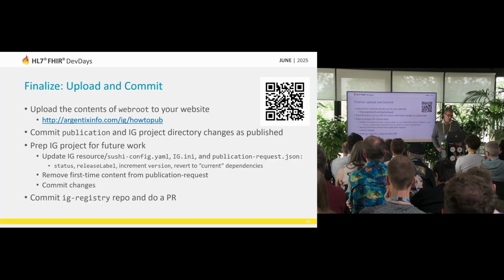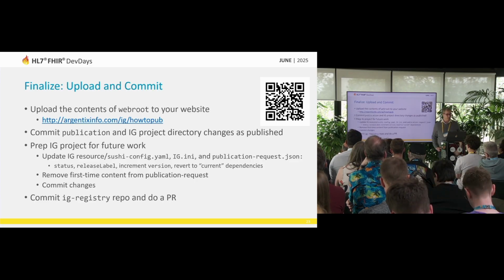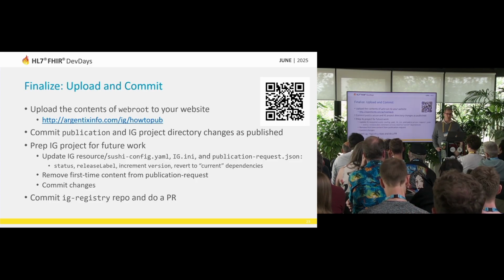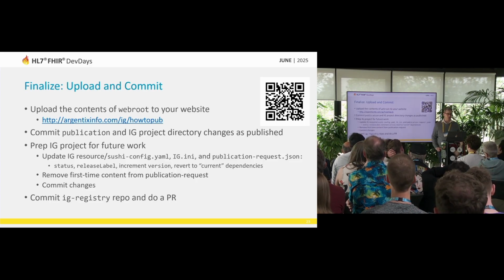Right, okay. Now, it's time to upload the contents of your webroot directory to your website. You'll also want to commit the changes to your publication directory and to your IG project to reflect the as-published versions, just in case you ever need to go back to that state.